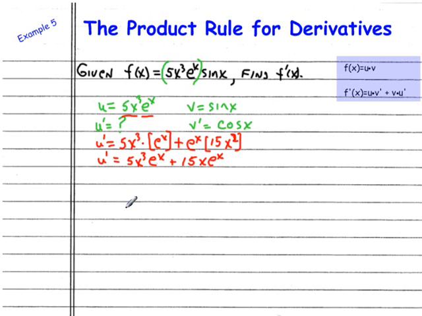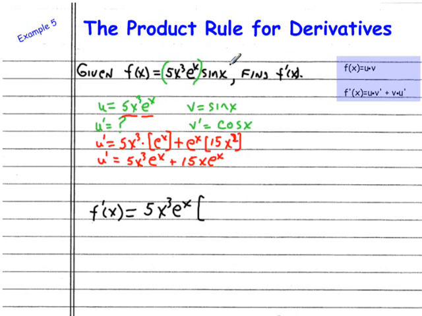Okay, we're finally ready to record the derivative of f. That's really what we were trying to accomplish. So the derivative of f is first function times derivative of second. Well, our first function was 5x cubed e to the x. So it's first function, 5x cubed e to the x, times derivative of second function.